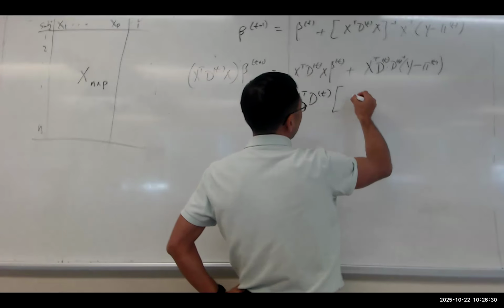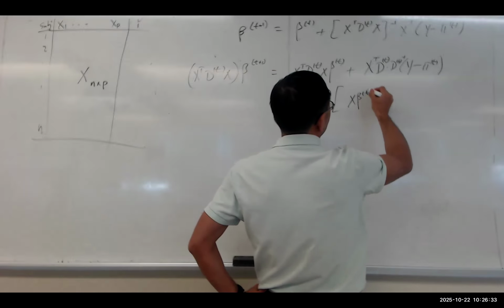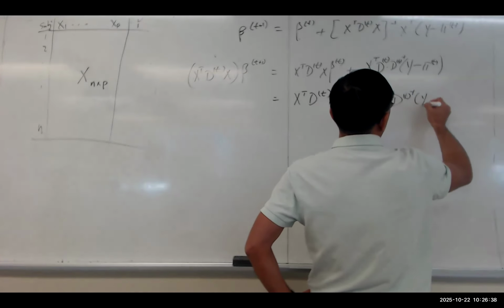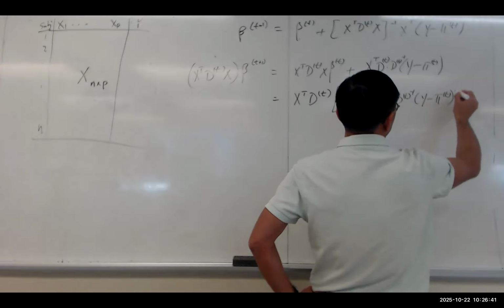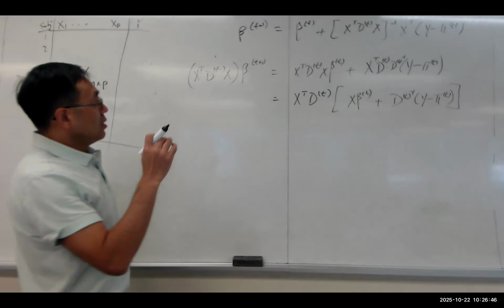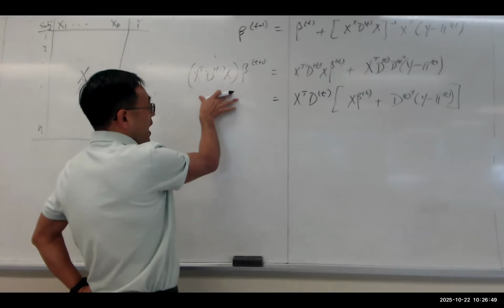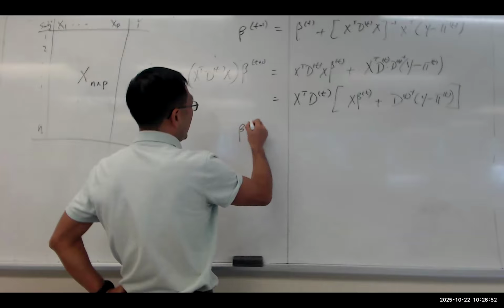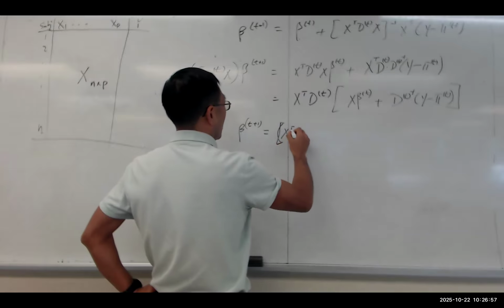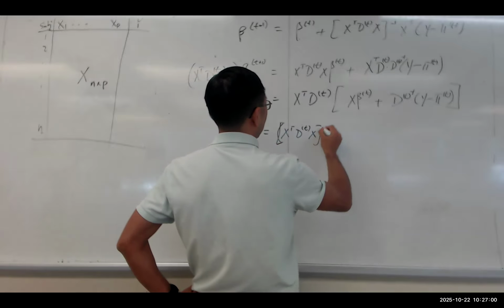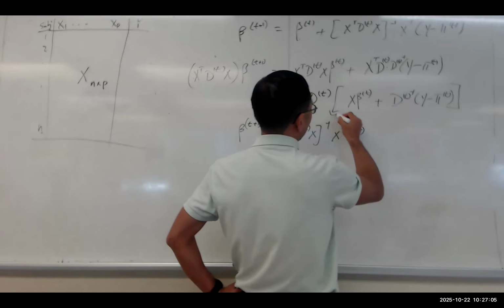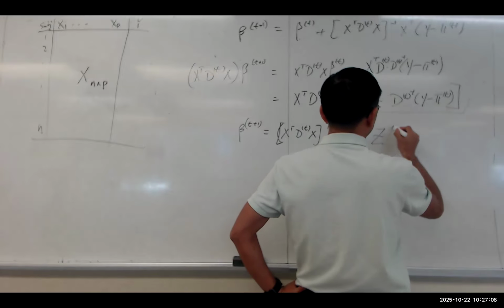So what we see here is x beta t plus Dt inverse times y minus pi t. Now I can multiply this back again. Then I have beta t plus 1 equal to x transpose Dt x inverse x transpose Dt, and let's call this thing zt.